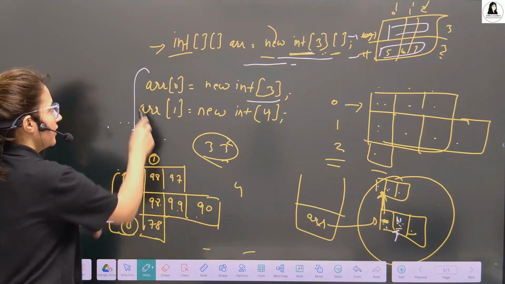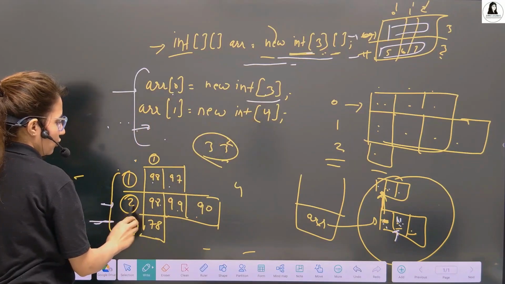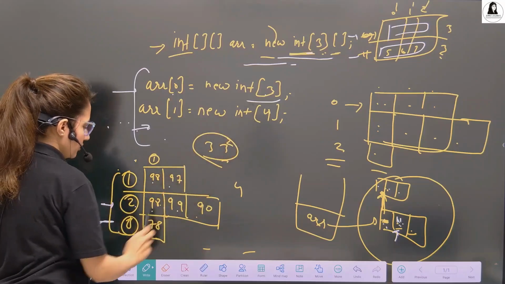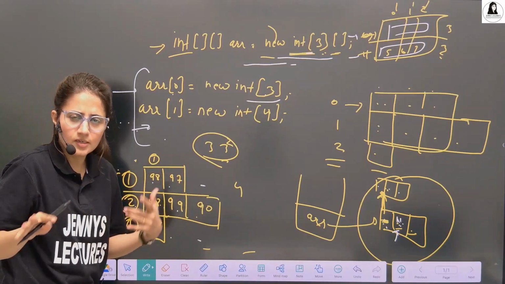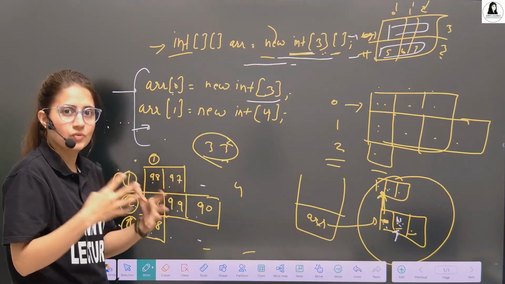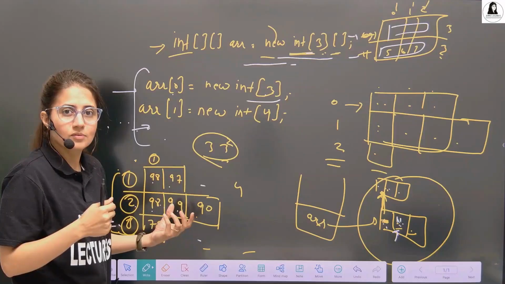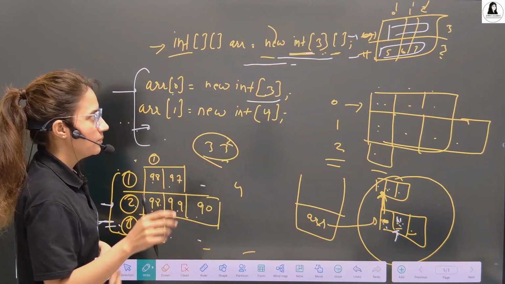Individually assign the value for this, just assign here 2. Once you create this, assign the memory for 3 elements. Once you create this, assign the memory for 1 element. So extra space you don't need. So it is going to save a lot of memory. When you are using sparse data, this kind of data, then it's better to use jagged arrays. Now let's see the practical.